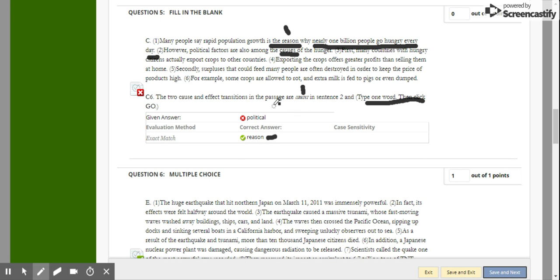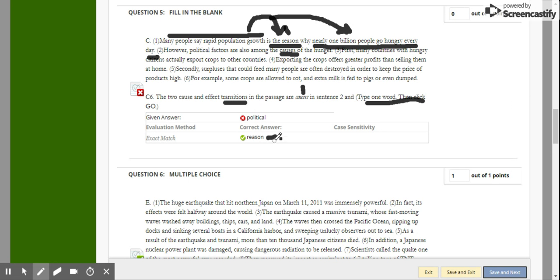Okay, so what you had to do here was you had to notice which words. Okay, the transition means a signal word, a word that's telling you about a reason. Okay, this here, rapid population growth, is the reason for what? Why people go hungry every day.